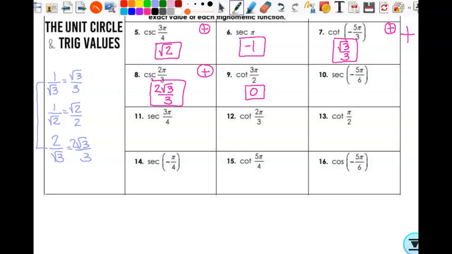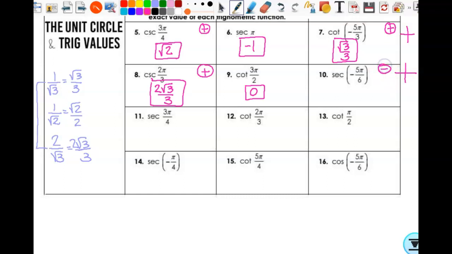All right, secant is the reciprocal of cosine. Negative 5 pi sixths is in the third quadrant, because it's negative, right? If I start here, this is negative 6 pi 6, I back up 1. Negative 5 pi 6 would be the third quadrant. So in the third quadrant, is cosine positive or negative?